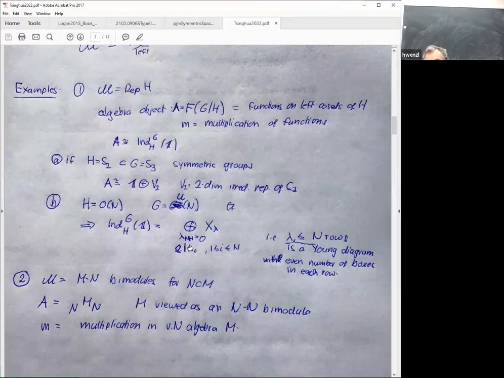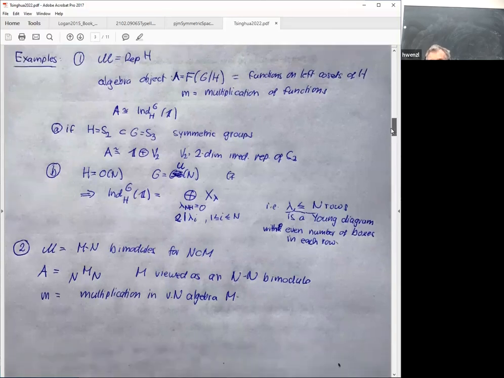And the other thing is that each row has only an even number of boxes. So that's the combinatorial result. One could also state it the other way around: these are all the representations which, restricted to the orthogonal group, contain the trivial representation as a sub-representation. Okay, so this is a combinatorial result coming from representation theory.